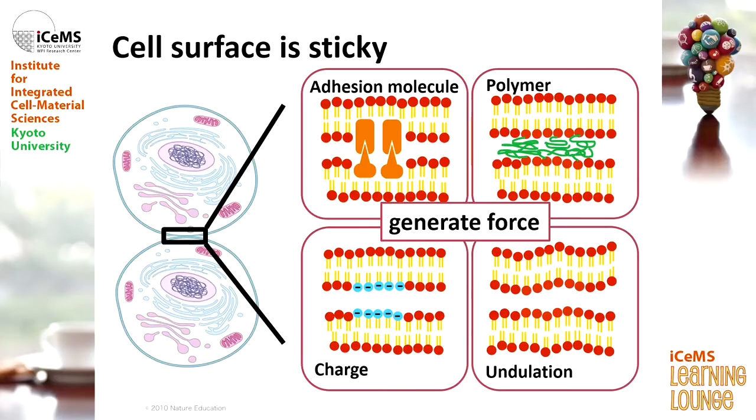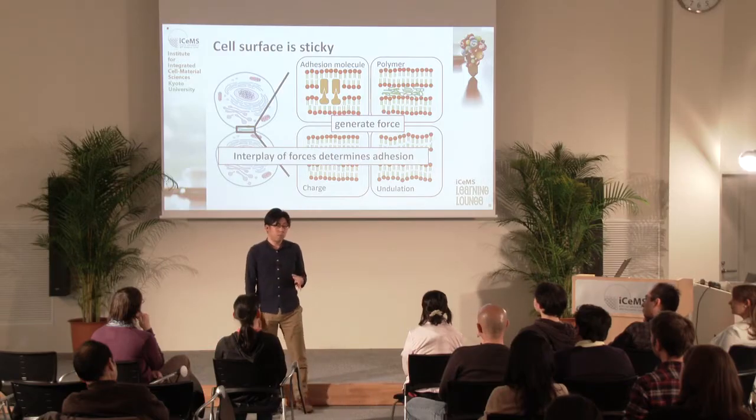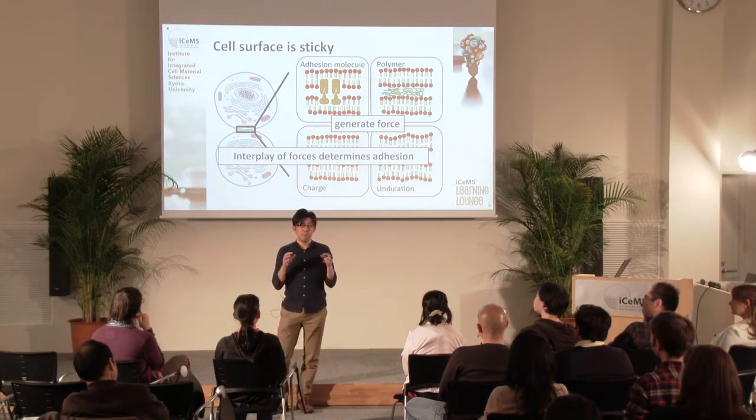So all of these chemically and physically originated interactions generate the force. And the important thing here is that the balance, the interplay of these forces, determines the adhesion of cells. If the force is well balanced, then your cells will be kept at a certain distance, so that cells will be kept in a contact state.